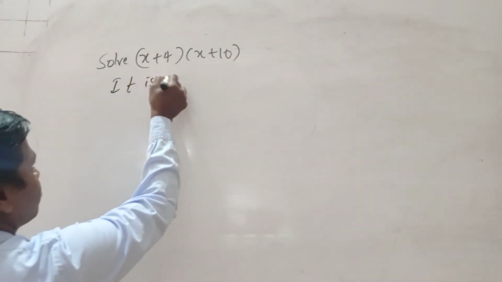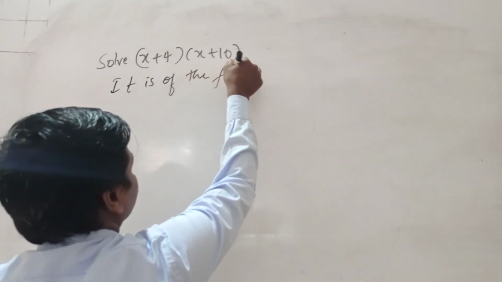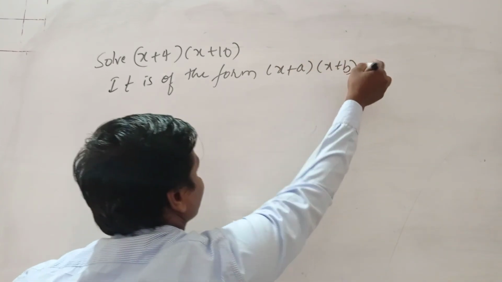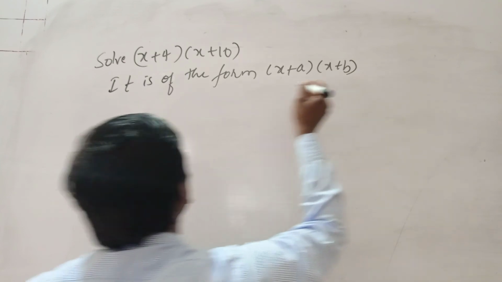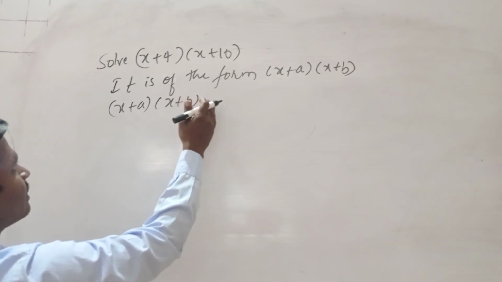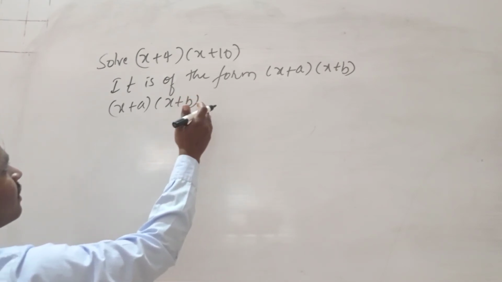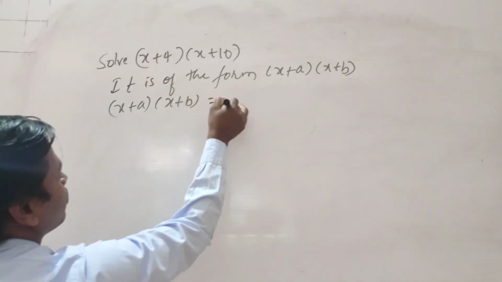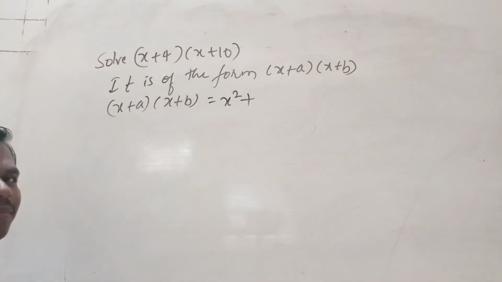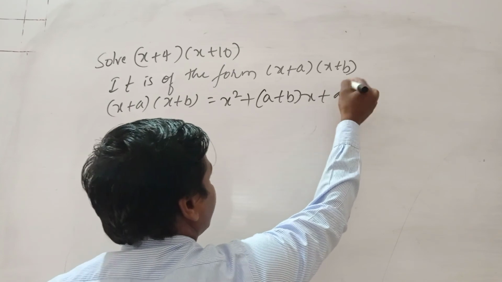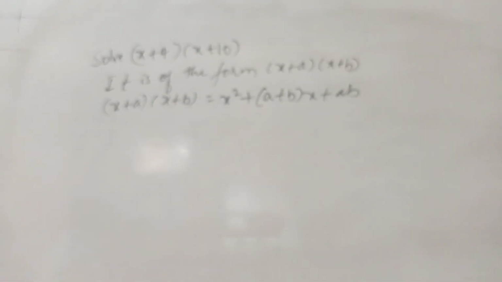It is of the form (x + a) into (x + b). What is the formula for this one? (x + a)(x + b) equals x square plus (a + b) into x plus ab. That is our formula. Okay.